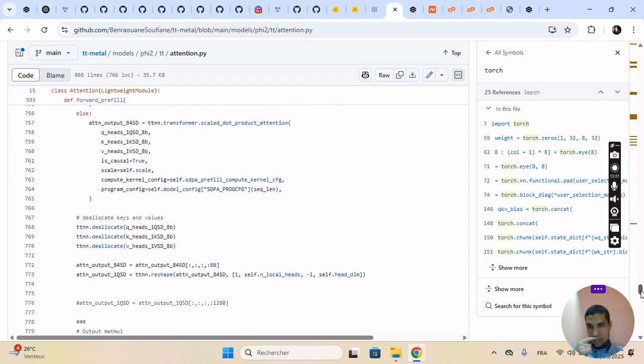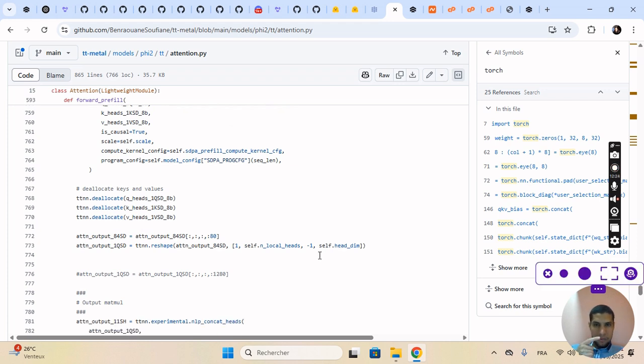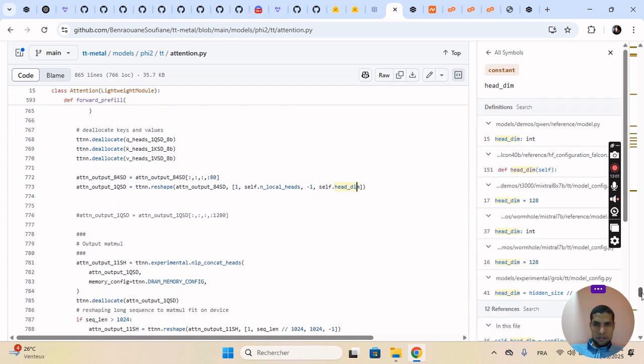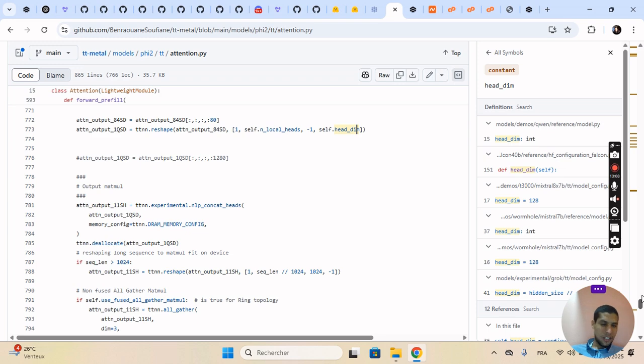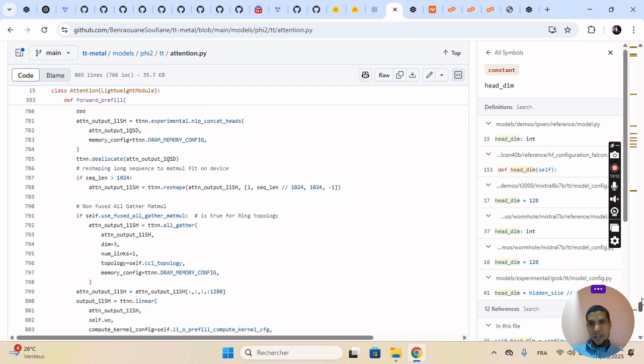There is just a small issue here: the reshape does not work, so I keep 80 as the last dimension instead of 96 to make it work, and also to be ready for concatenating heads without any problems.